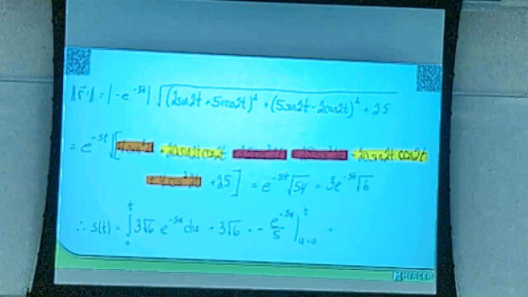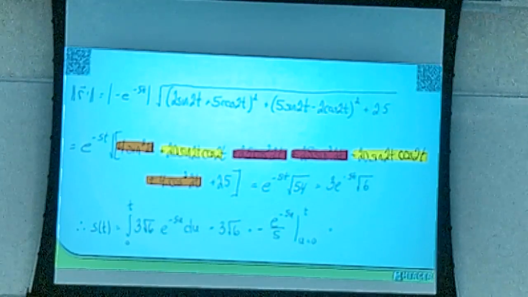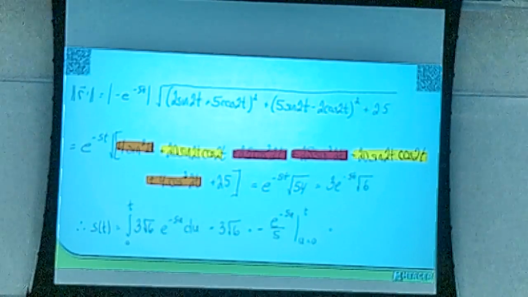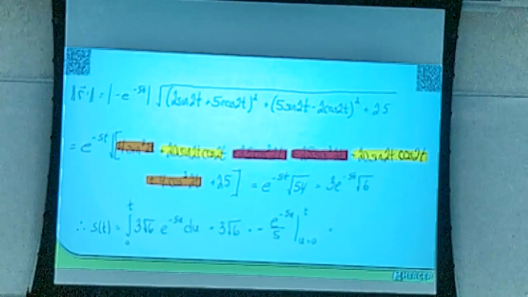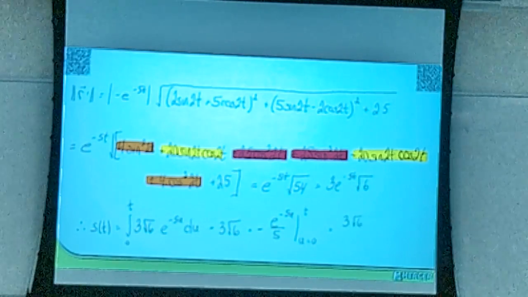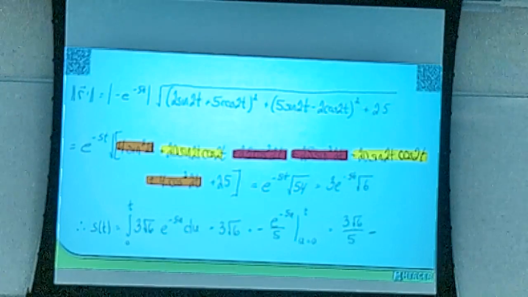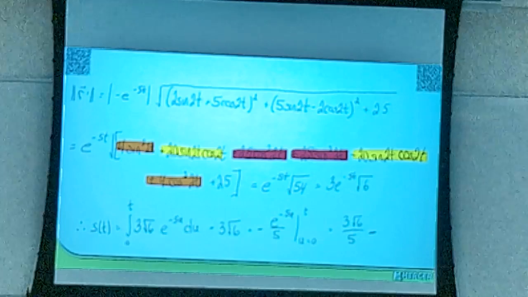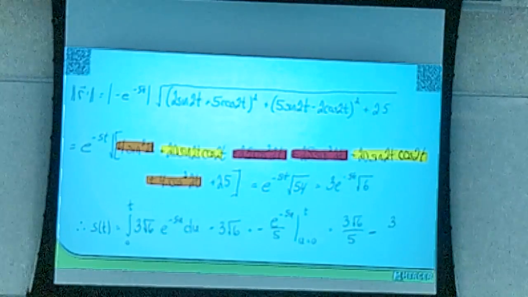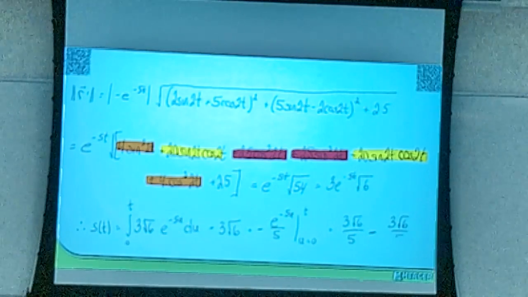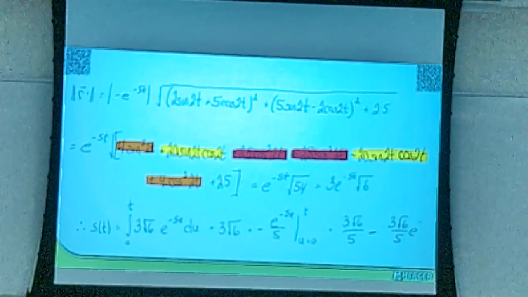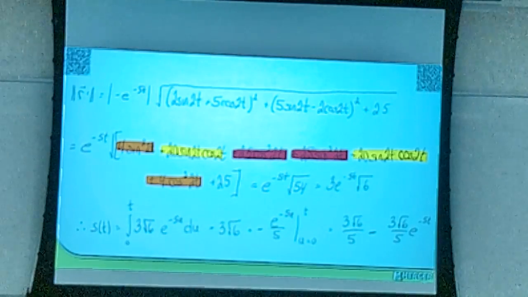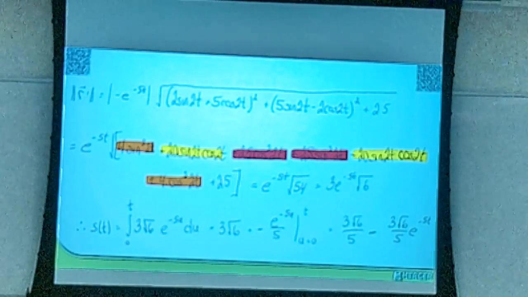What I'm going to do is get rid of that negative and flip the bounds. What is e to the 0? Then we're going to have that. That is our arc length function.